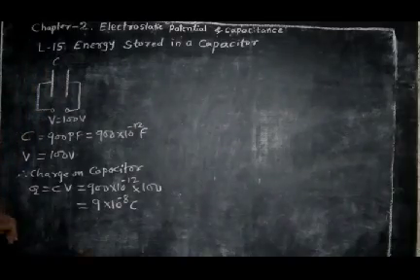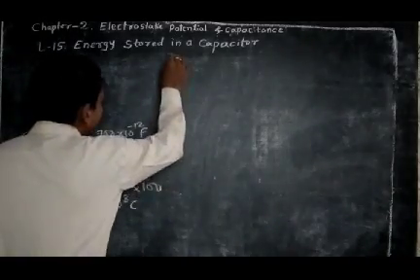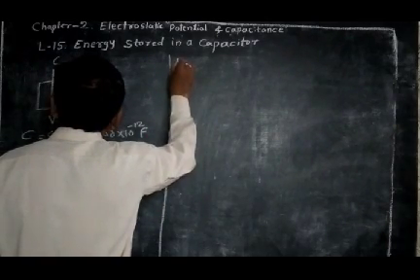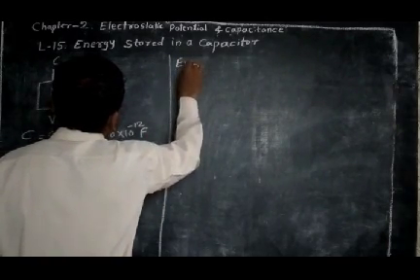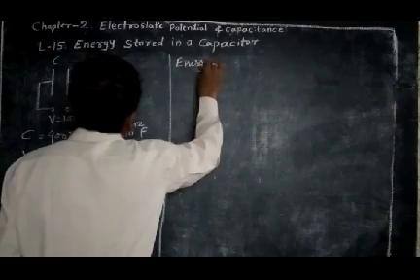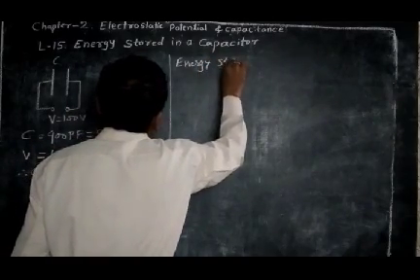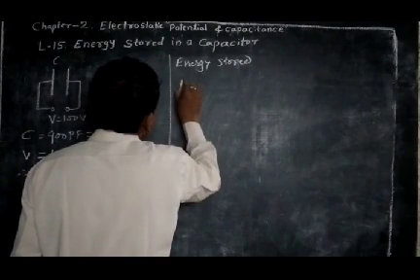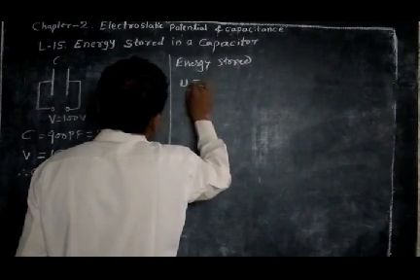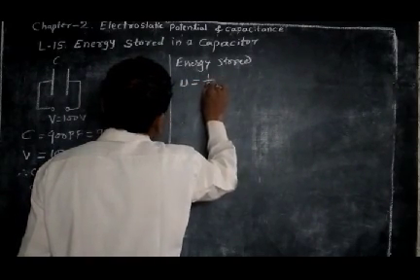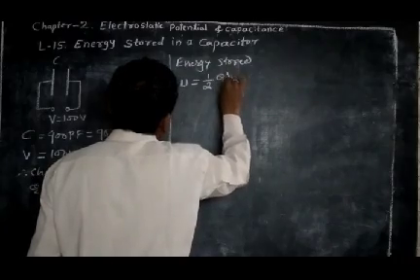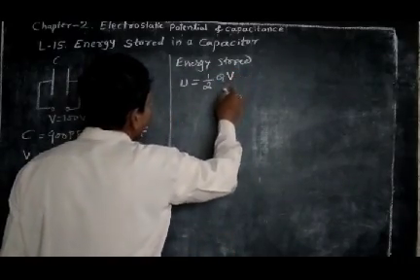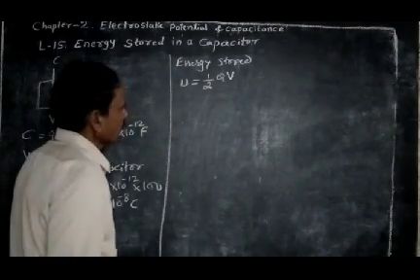Then the energy stored in the capacitor, U equal to 1 by 2 Q into V, where Q is the charge acquired, V is the potential difference.